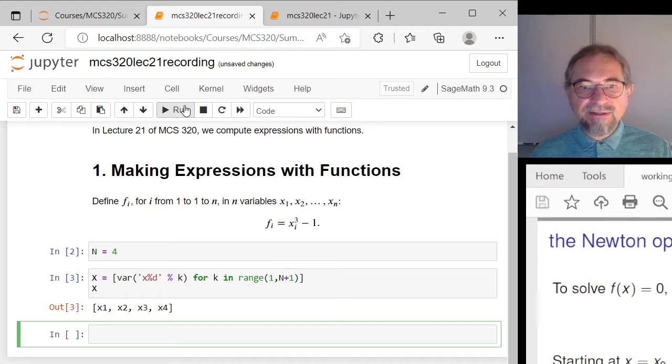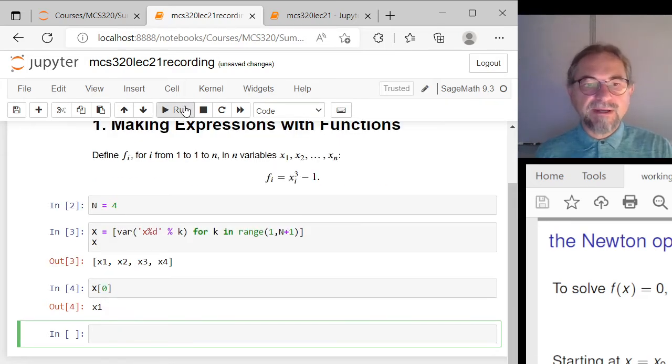So the capital N is 4. Note that the range starts at 0, so I want to start at 1, and it stops at the last index minus 1. Observe that the x naught will give me x1, so be careful of that as well. And then there is the formatting here.